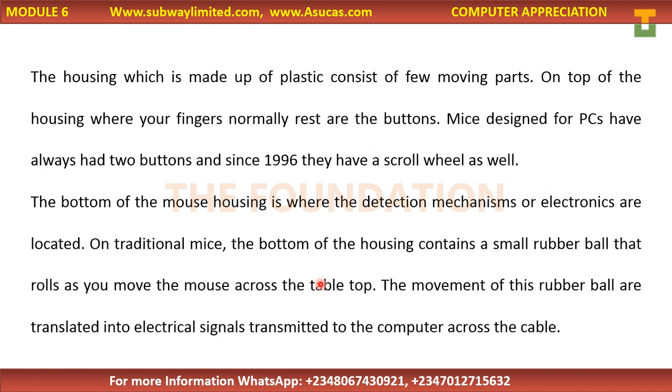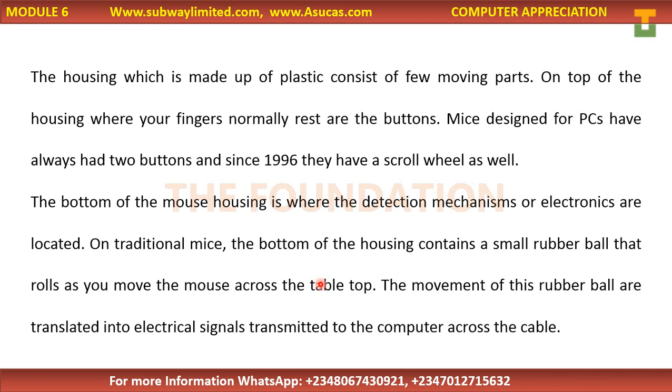The housing, which is made of plastic, consists of few moving parts. On top of the housing, where your fingers normally rest, are the buttons. Mice designed for PC have always had two buttons, and since 1996 they have a scroll wheel as well. So there is a scroll wheel in the middle.